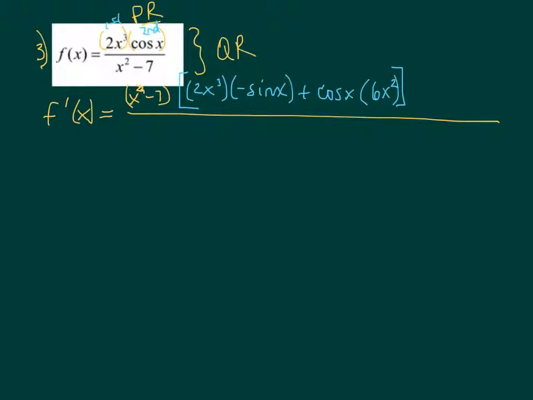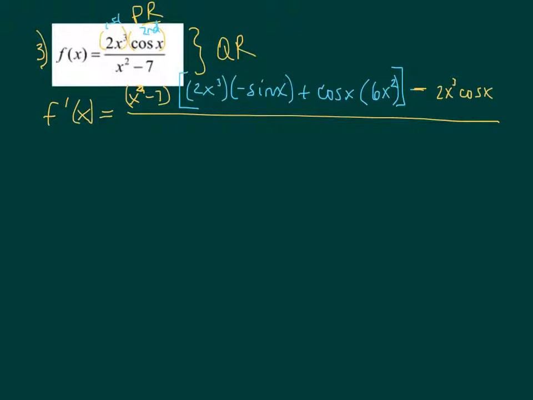Okay, so that was all the derivative of the numerator. So go back to our saying for the quotient rule, low d high minus high. So our high here is that 2x cubed. I'm going to go back to the other color. Okay, so minus 2x cubed cos x.